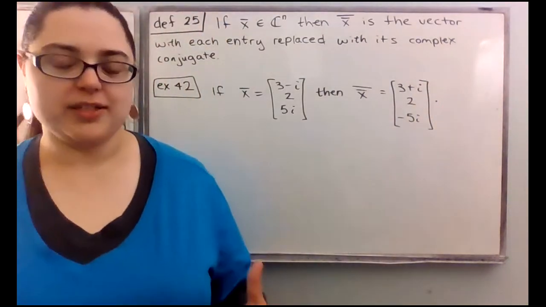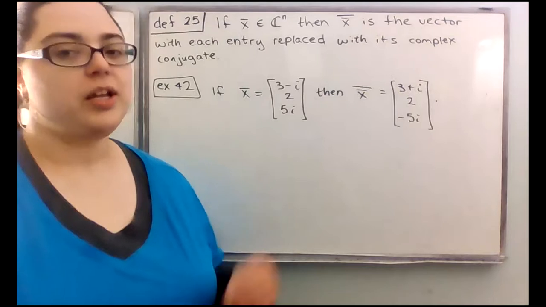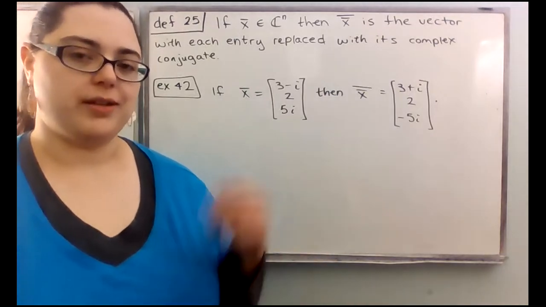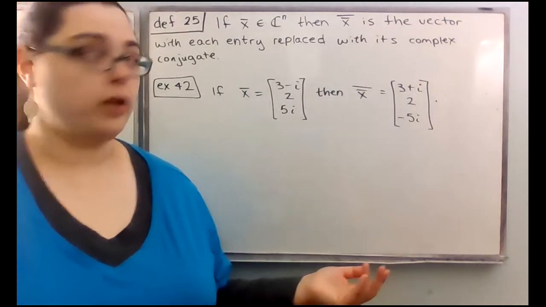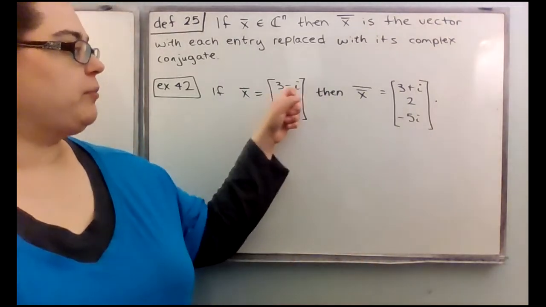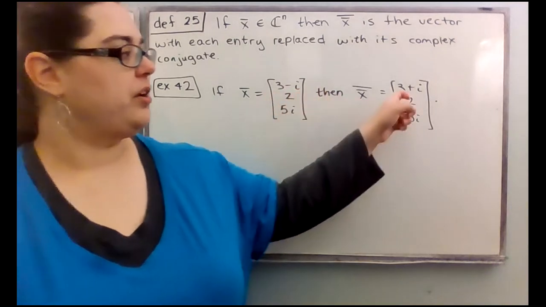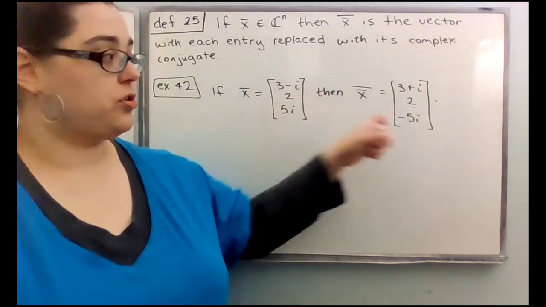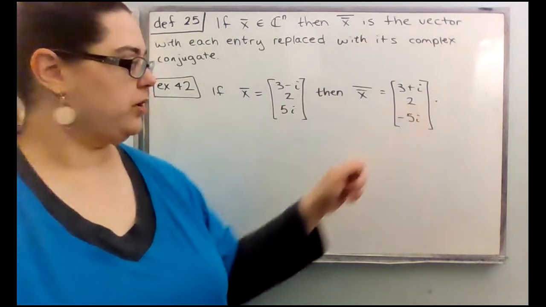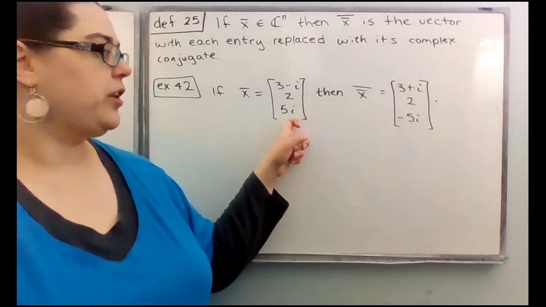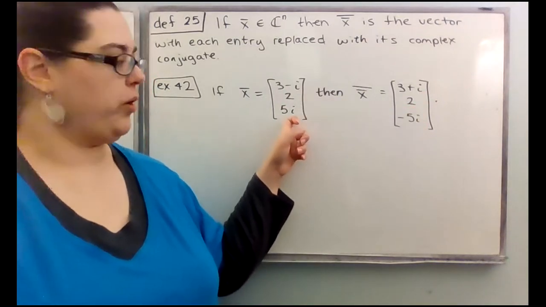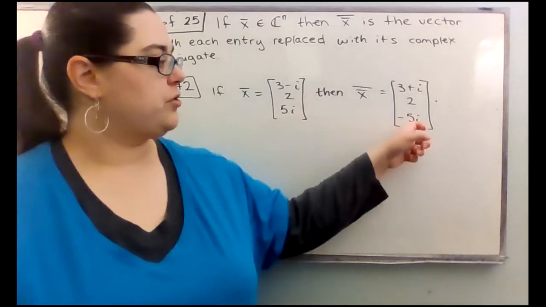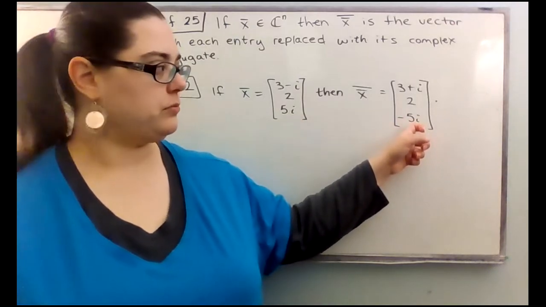Remember, the complex conjugate of a complex number keeps the real part the same, but negates the imaginary component. So 3 minus i has a complex conjugate of 3 plus i. 2 is a real number, so it doesn't change for the conjugate. And 5i is purely imaginary. It has no real component. So this is going to turn into a negative 5i.